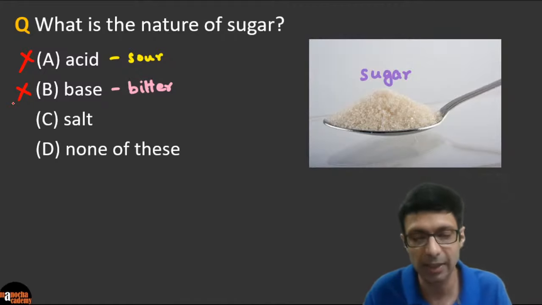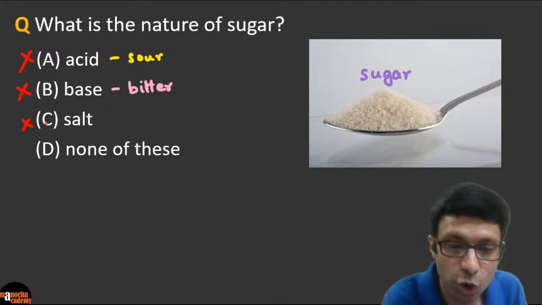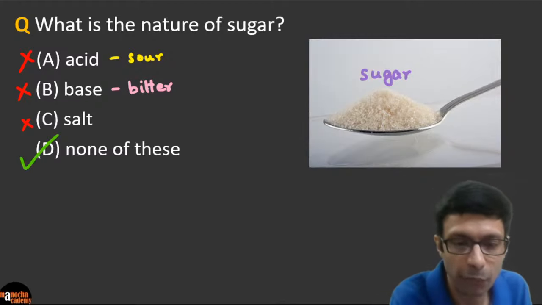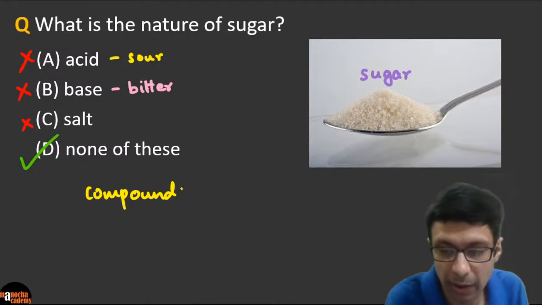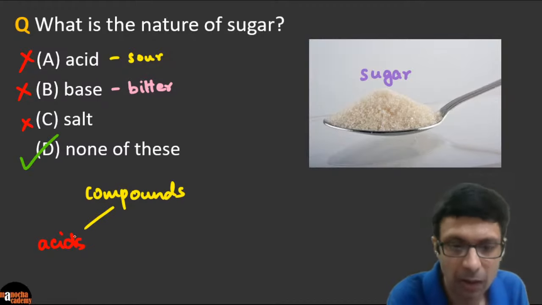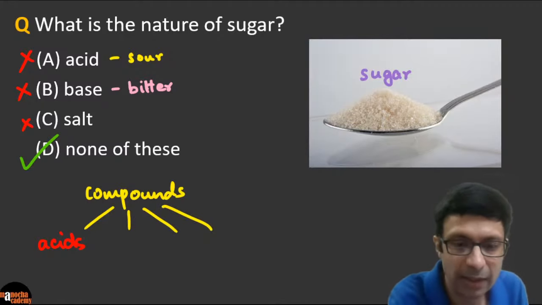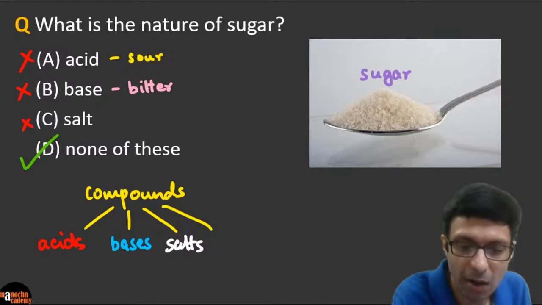Again, we are not going by the taste here, but just as a practical thing, sugar actually lies in none of these. So one very important concept for you guys to know: compounds can be divided into acids, bases, salts, and another option is none of these.